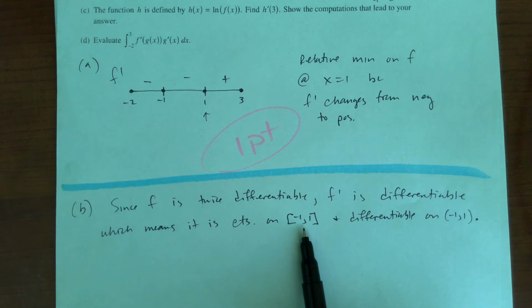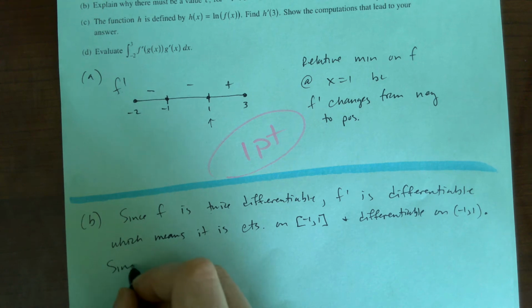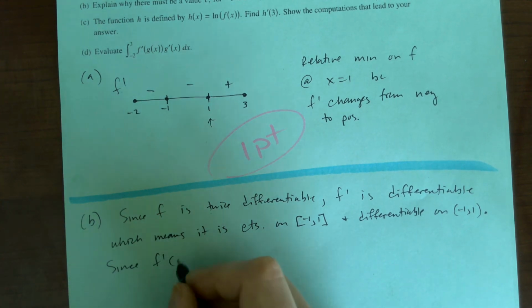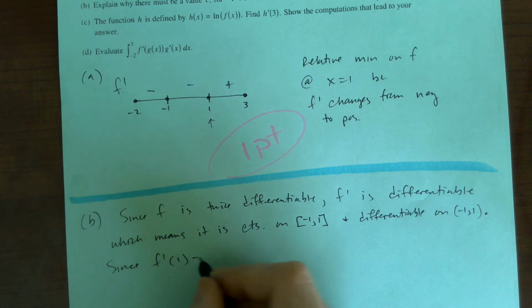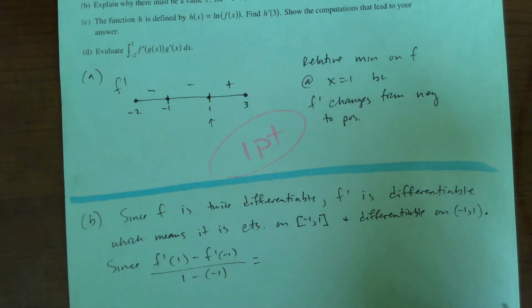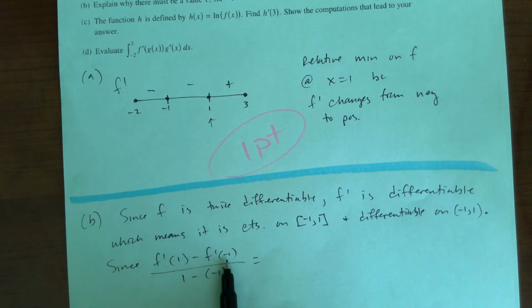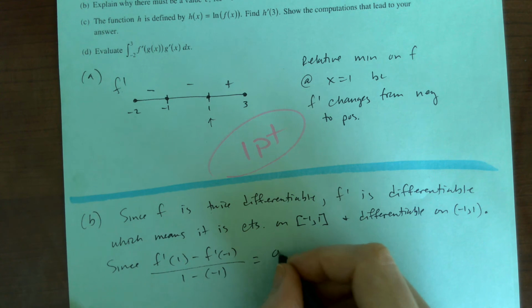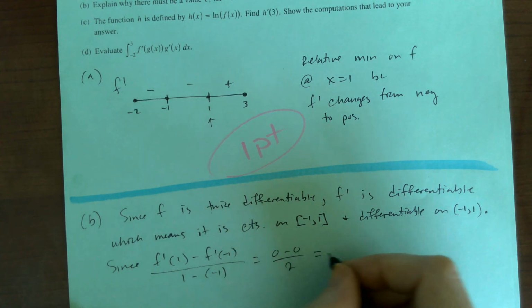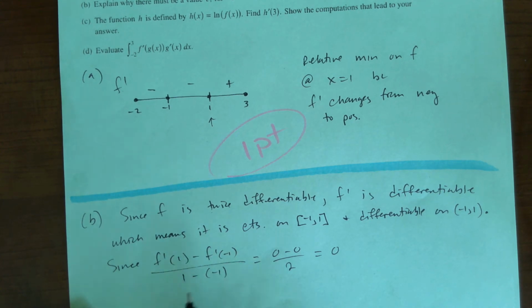So f prime of 1 minus f prime of negative 1 over 1 minus negative 1, and if you look at the table, it tells you that f prime of 1 and f prime of negative 1 are both 0. 0 minus 0 over 2 equals 0. Okay, so right here we're showing the average rate of change of the first derivative equals 0.